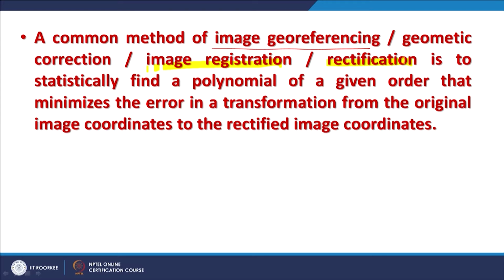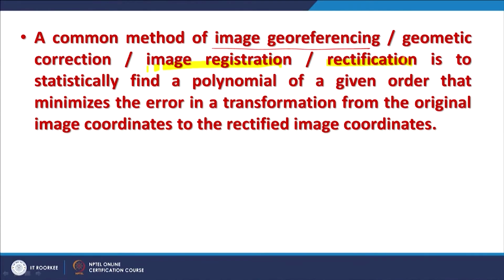The meaning is the same: transforming an image or map from the geometric domain to the geographic domain, by finding a polynomial of a given order, which we will see through an equation, that minimizes the error in transformation from the original image coordinates, which are in rows and columns starting from top left, to rectified image coordinates, which are in terms of geographic coordinates starting from bottom left. So, by doing this we achieve the georeferencing.